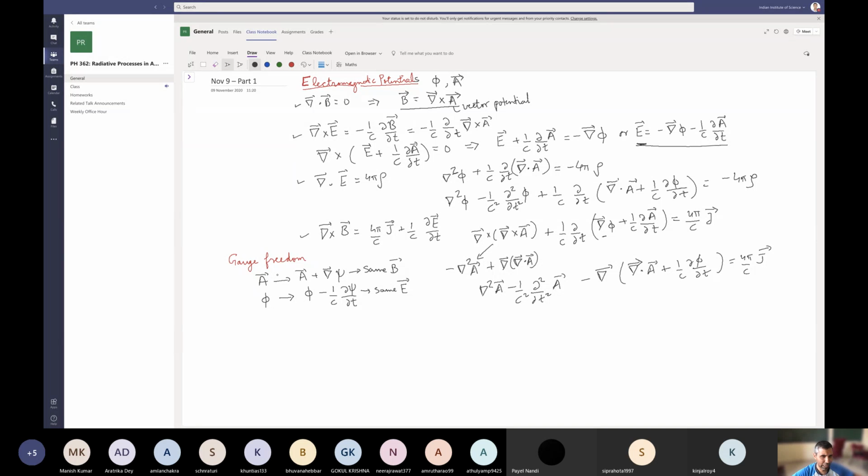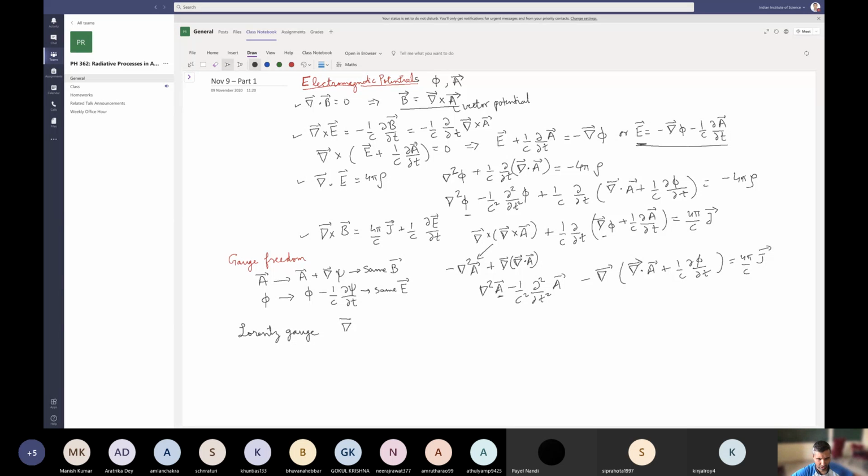Okay, now this gauge freedom can be used to simplify the equations for phi and A here. What is the gauge choice that we use? We use something called the Lorentz gauge, in which this term is 0.